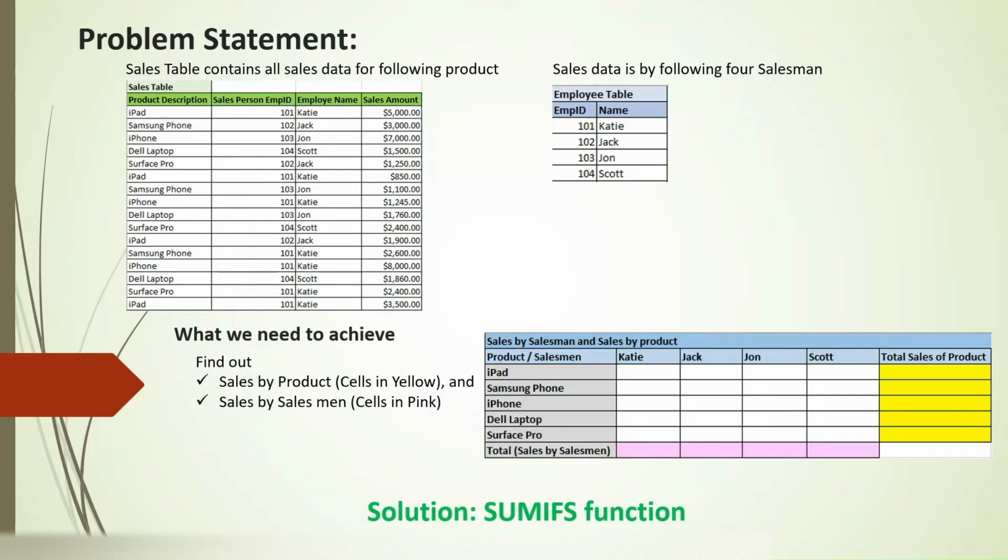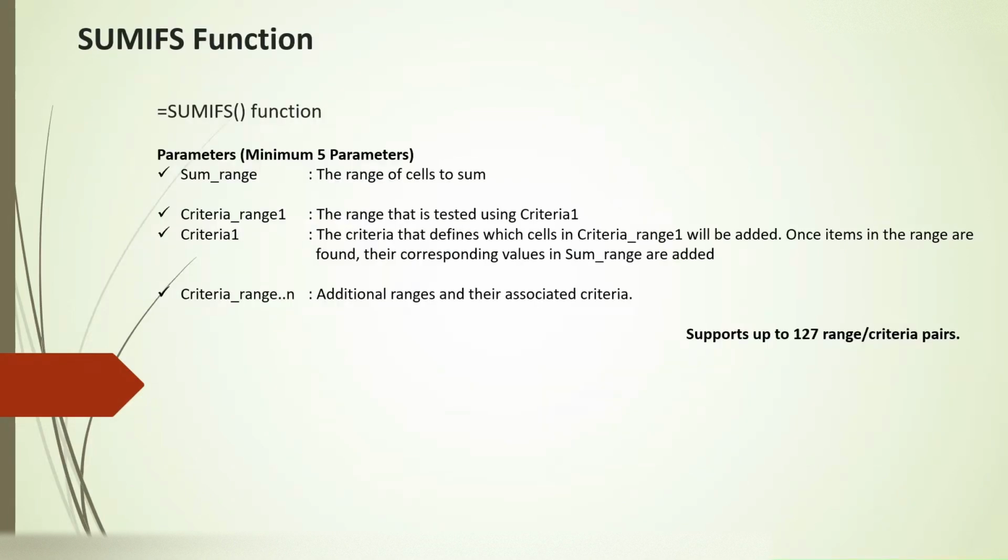Solution: the SUMIFS function. Let's have a close look at how this function works and what the parameters are. The very first parameter is the sum range, the range of all the cells that we need to consider to do the summation. And then we have criteria range and criteria value pairs.